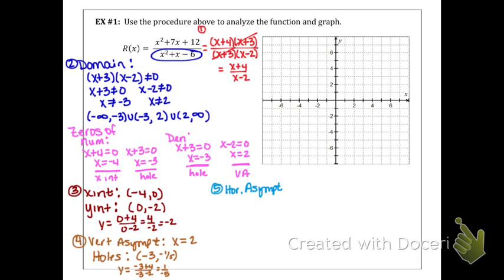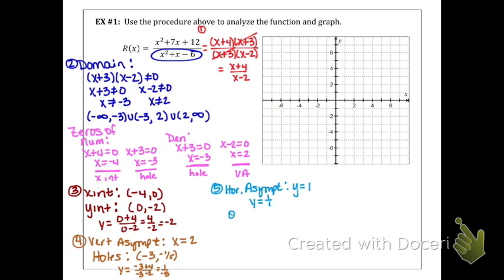Doesn't matter if we use the original here or if we use our simplified version down here. Either way, we can see that the degree is the same on top and bottom. So we know that means it's a ratio of the leading coefficients of the top and bottom, which would be 1 over 1. And so we get y equals 1. Again, it's an asymptote, it's a line. It's horizontal, it's y equals. You have to put the y equals.